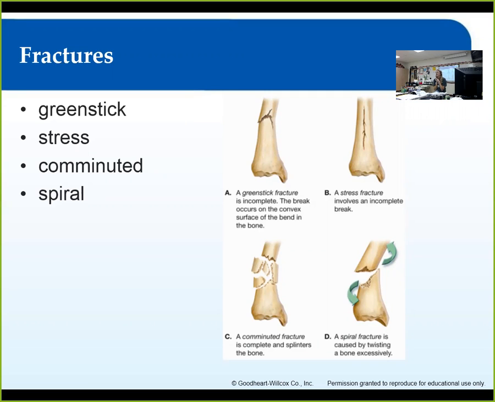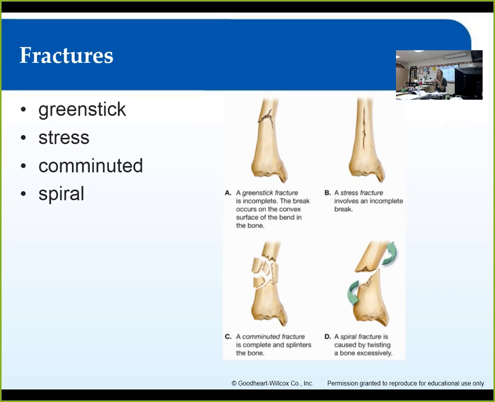It might bend a little bit, and only the top layer crashes off. Usually, you try to bend it and some of the layers split and part of it still sticks up. You have to twist it and try to separate it. Green stick fracture works kind of the same way.